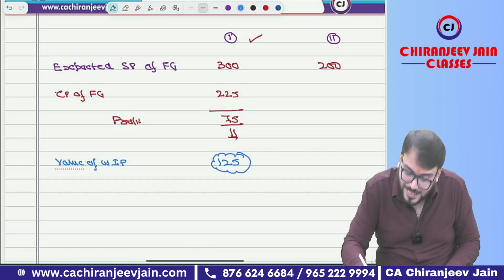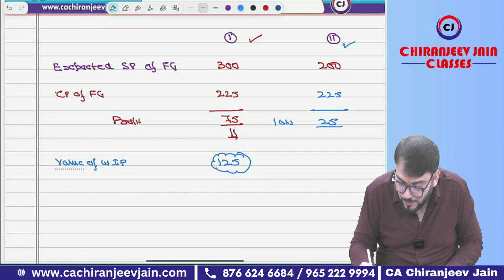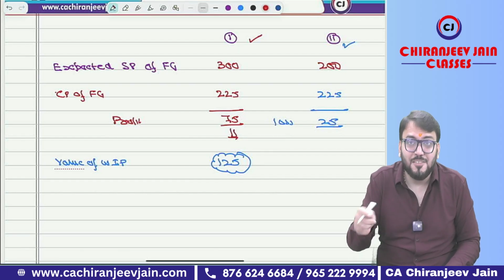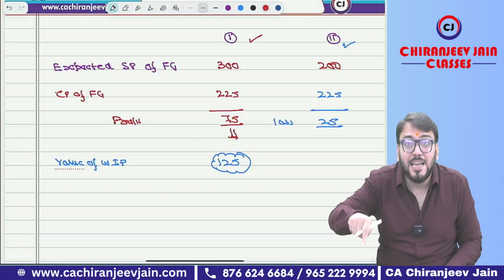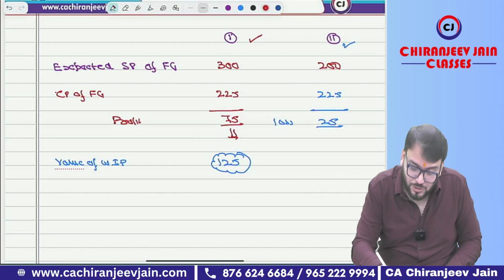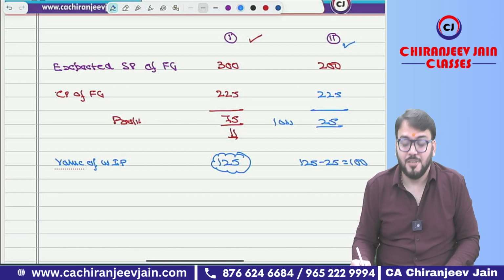Understood. But in the second case, you can see there is an expected loss. How much loss? 25 is the expected loss. Correct. So in this case, can you see inventory should be written down by the expected loss? So in this case, you will say the value of WIP is 125 minus 25 is equal to 100.